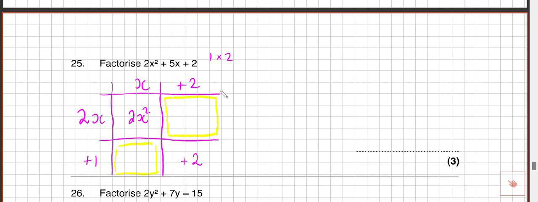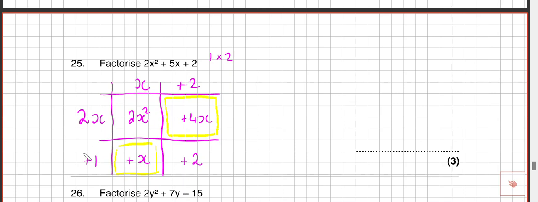So what is 2x times 2? 4x. X times 1 is 1x. What's 4x plus an x? Which is what I want. The bottom one is just plus x.